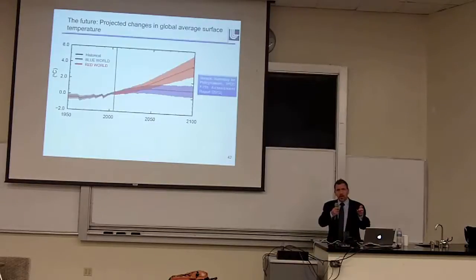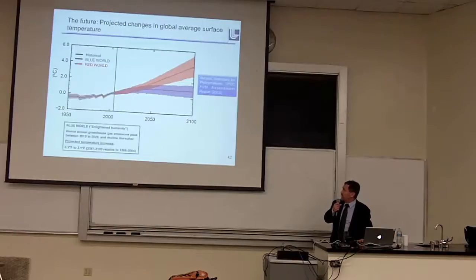Again, what you're seeing here are projected changes, not observations, in global mean surface temperature. And we have these two things, I call them red world and blue world. So these are the projected changes from roughly 3 dozen models out to 2100 under 2 different storylines, 2 different assumptions regarding population growth, technological development.